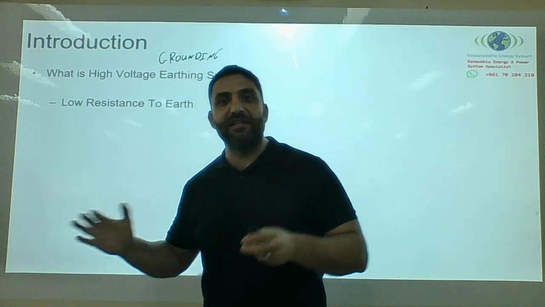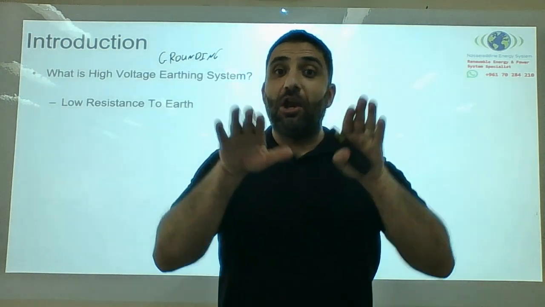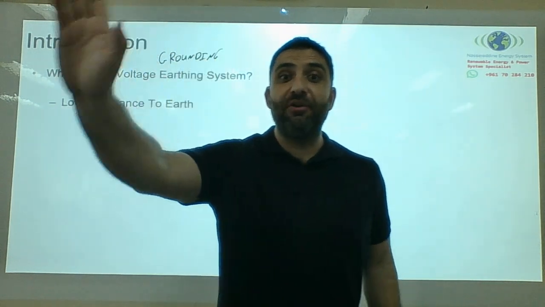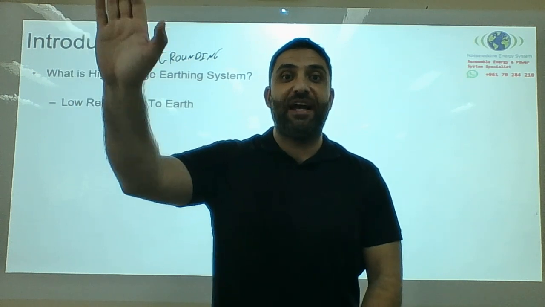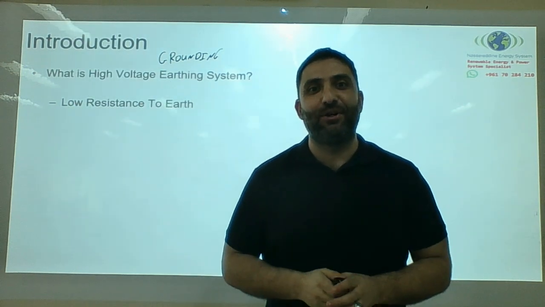The lower the resistance, the lower the earth potential rise. The lower the earth potential rise, the lower the risk of me getting an electric shock under touch or step conditions.